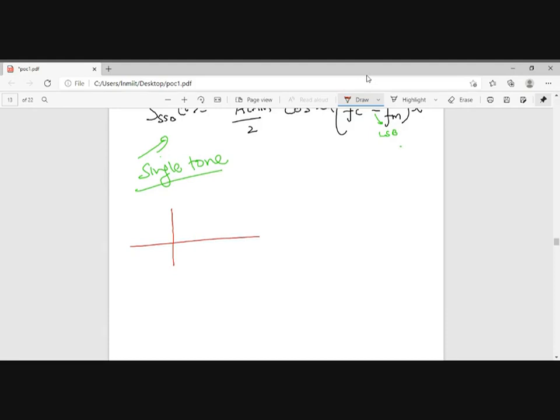My spectrum will look like this: fm, spectrum of m(t).